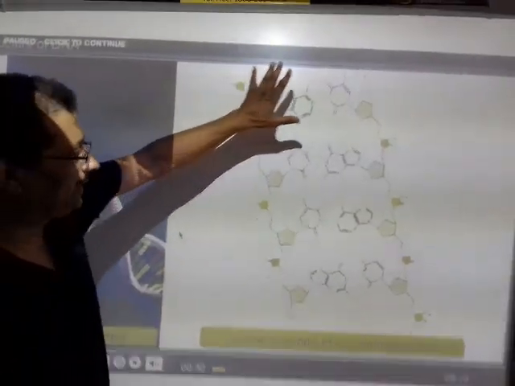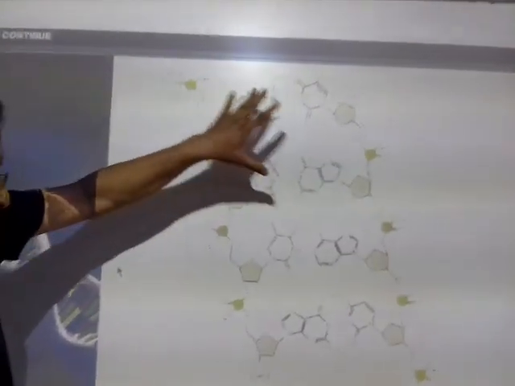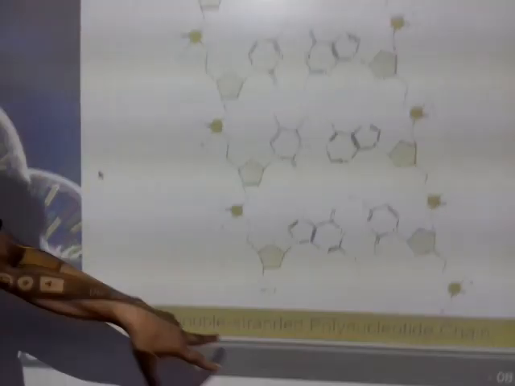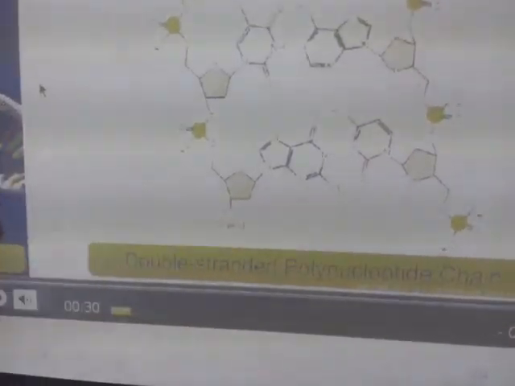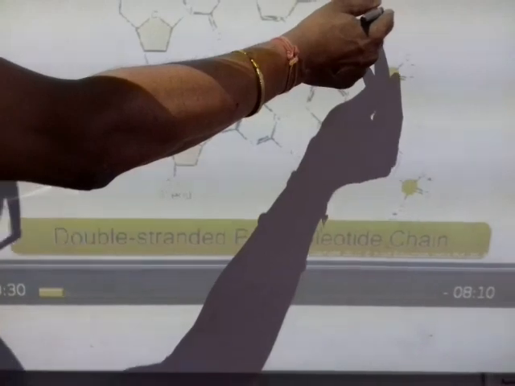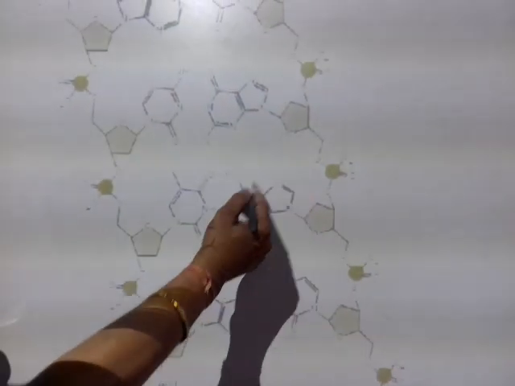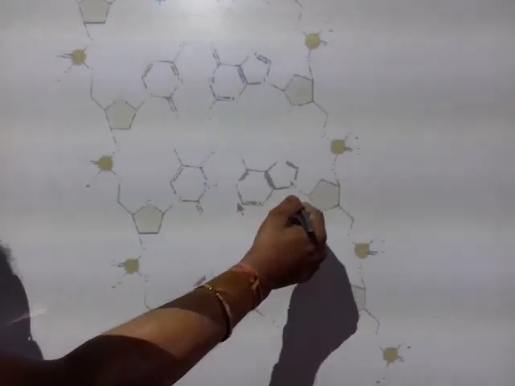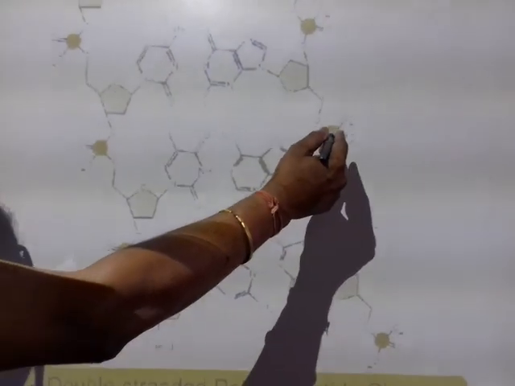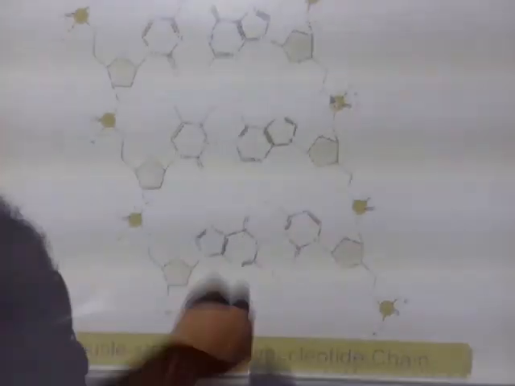So this is actually the chemical structure of the double helix. We say it's a double stranded polynucleotide chain. So actually here, this is the nucleotide. What is the nucleotide made up of? This is made up of certain bases, a sugar and a phosphate group. So what is a nucleotide?